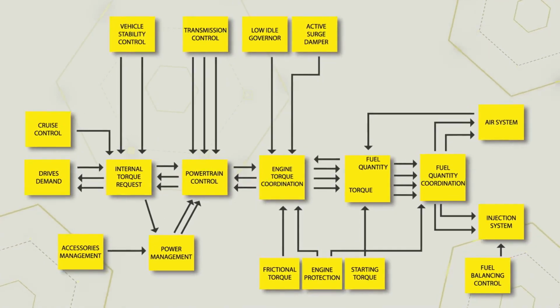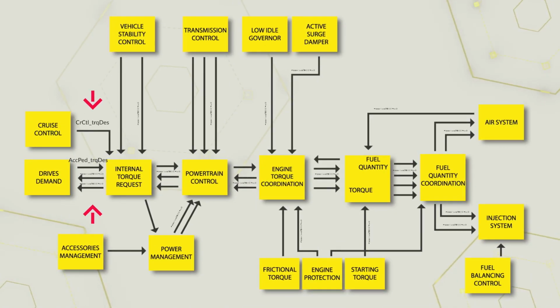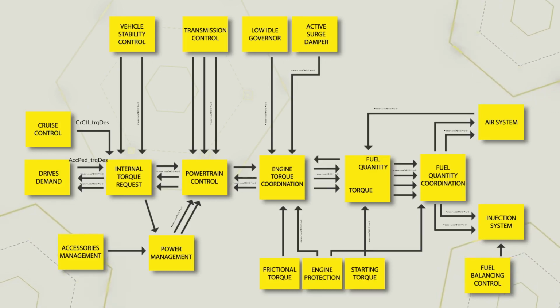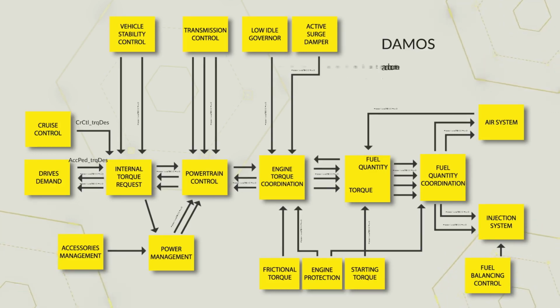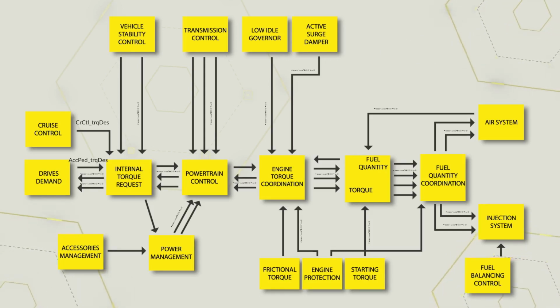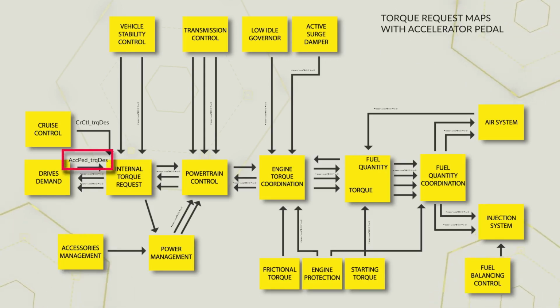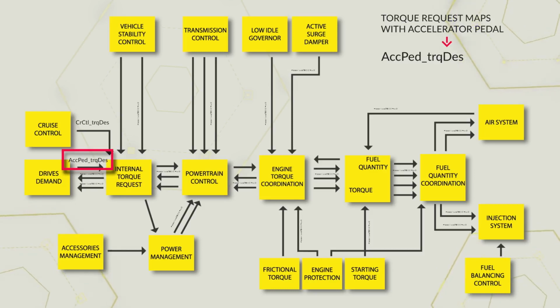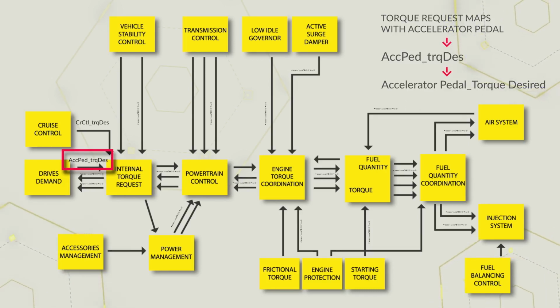We've talked about the blocks. We also find some abbreviations placed near the directional arrows. These are the abbreviations used within the demos, a document containing the information of everything present in an original file, inside the ECU. If, for example, we wanted to find the torque request maps using the accelerator pedal, the code is ACCPED_TRQDES, which stands for Accelerator Pedal Torque Desired.